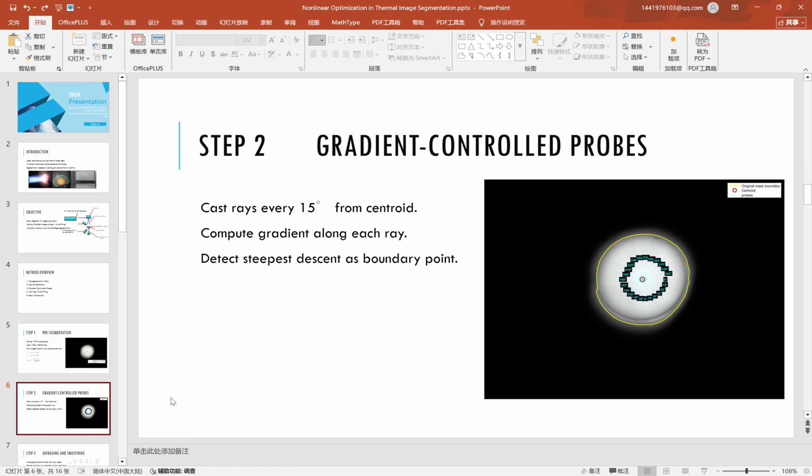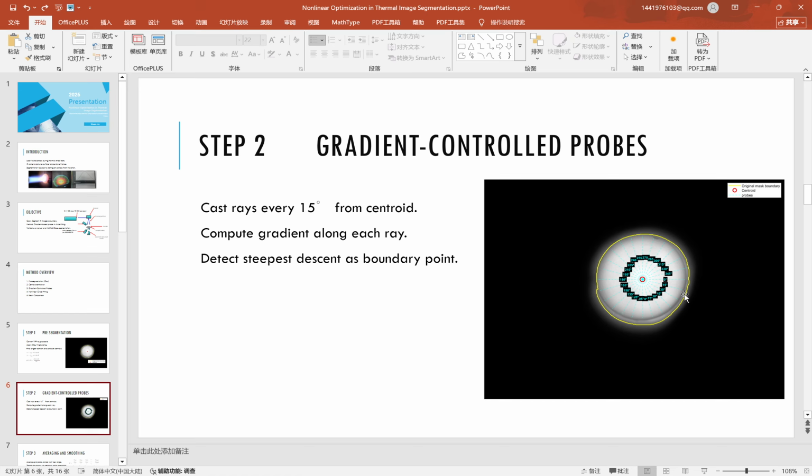Then we apply the radial direction probe method based on gradient control. Although the centroid position obtained by preliminary segmentation can provide the center of the sample, the boundary profile of the target area is still not accurate enough, because you can see there is some error at the edge.